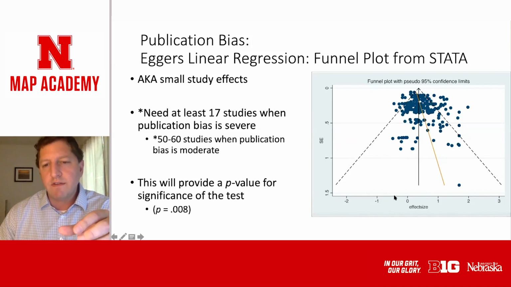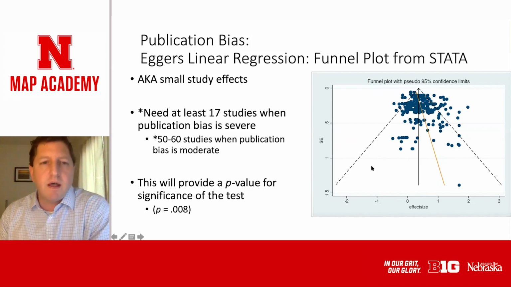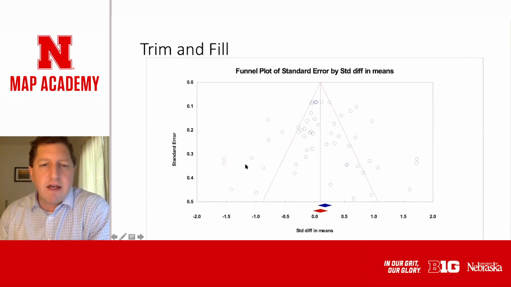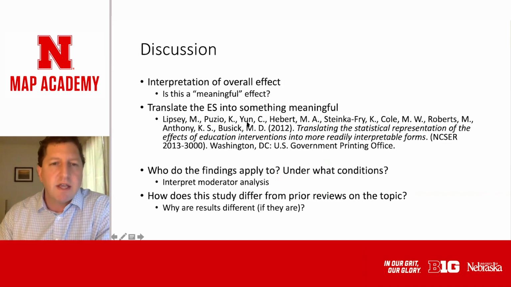And so you can see this empty area down in the left-hand quadrant of the graph. You can do trim and fill analyses where it will trim the effect sizes and then fill them. And then you can also do things like PET and PEESE tests. So there are several different ways to examine publication bias.